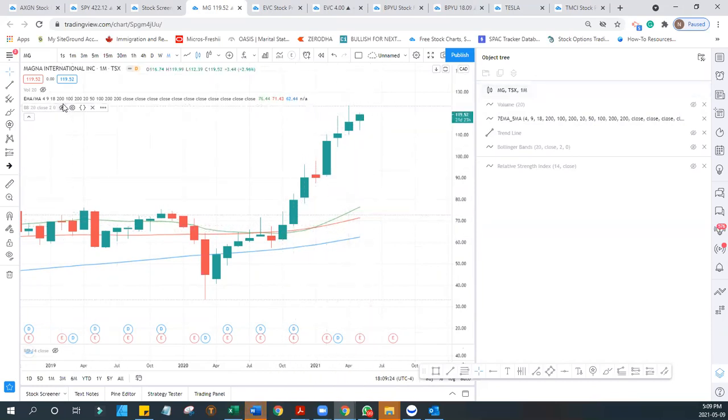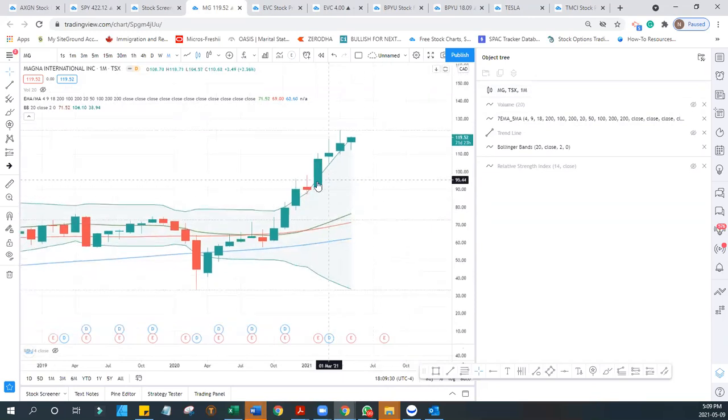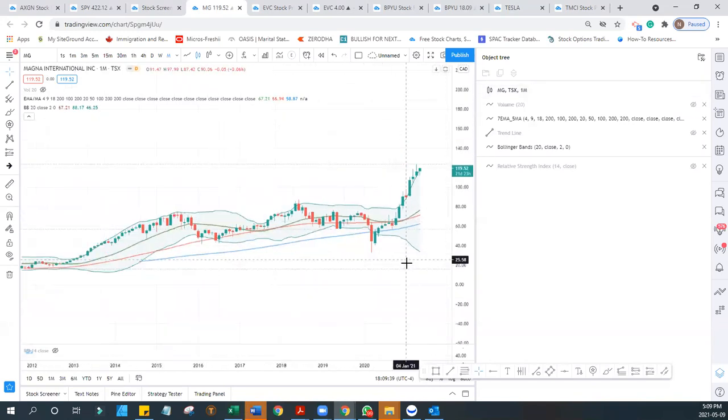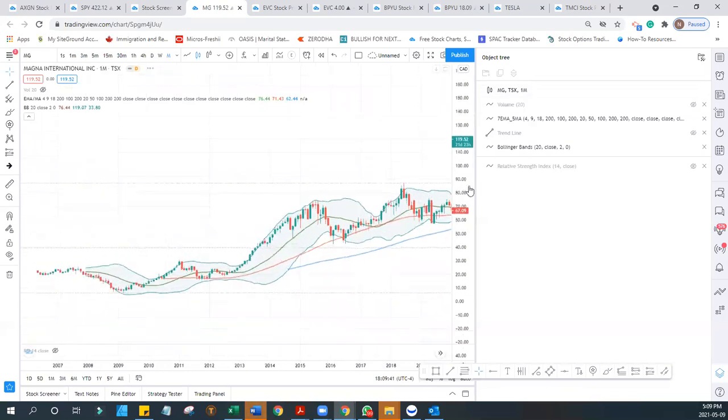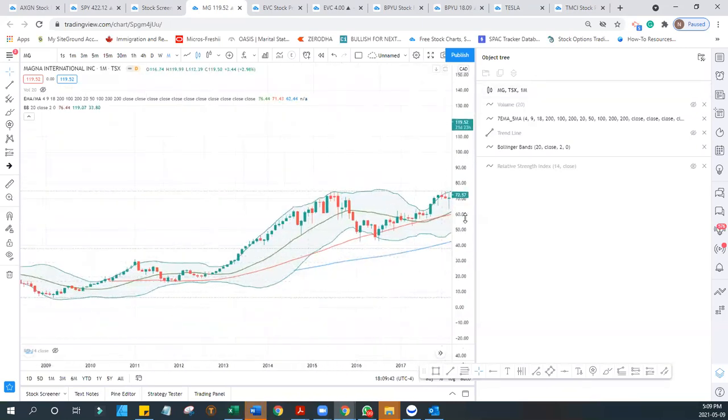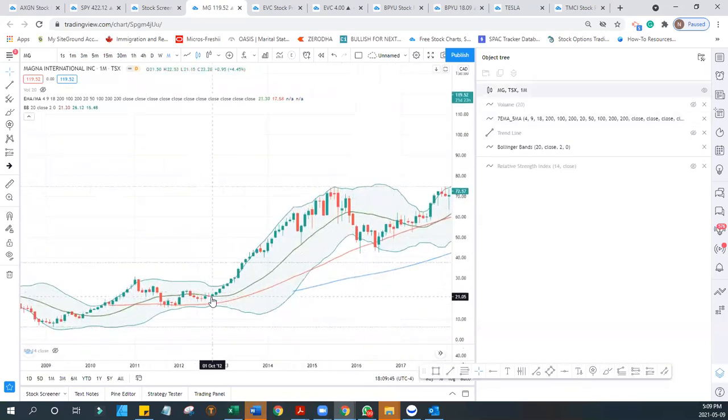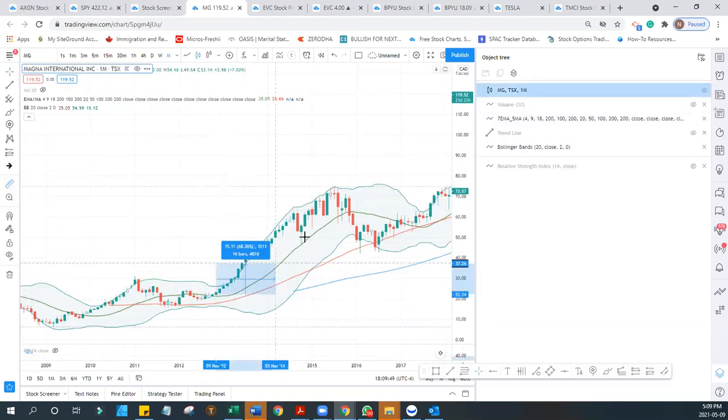And again, if you go on a Bollinger Band, it's still on the Bollinger Band. It will be very hard. This is very bullish. On a monthly basis, it is walking on the band, right? It's not walking on a band anywhere else. If you see here, earlier when it walked on the band on a monthly basis, it went from 21 to $63 in like 1 year.